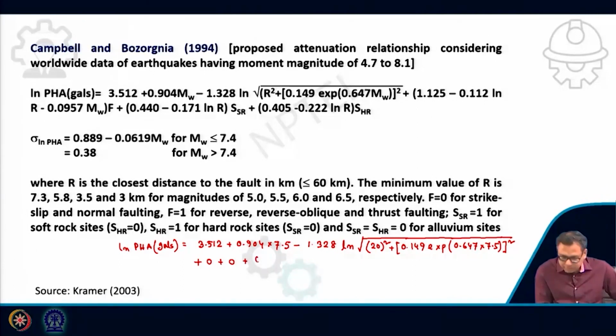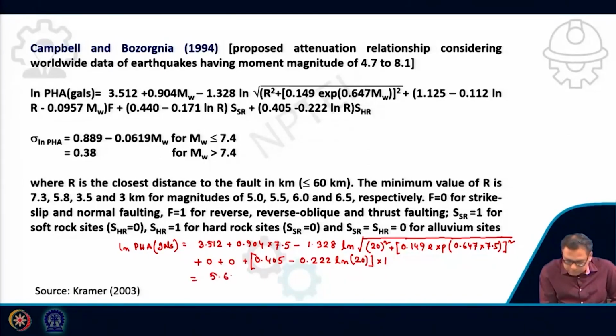So that will be 0.405 minus 0.222 ln 20, and this will be into 1. So from here I will get 5.624. Remember this ln PHA in gals is 5.624.